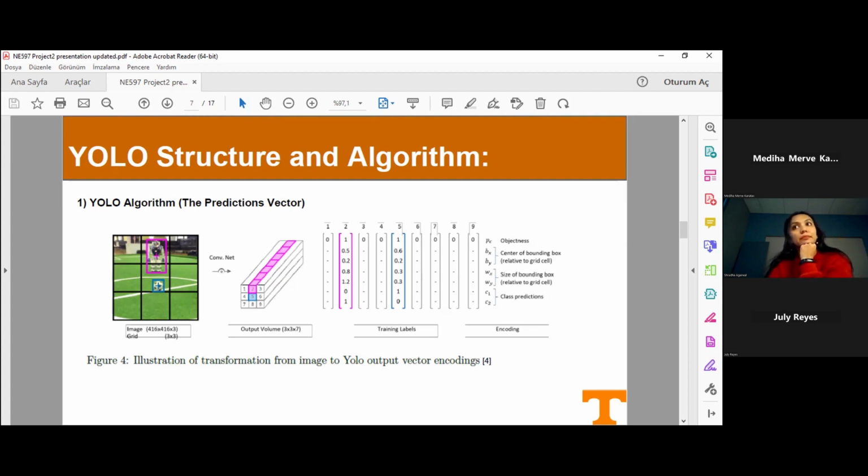But YOLO V1 cannot detect small objects, so YOLO V2 was developed, and it's a 13 by 13 grid. In this way it can detect smaller objects. That's correct. So in YOLO V1 you do 7 by 7, and in YOLO V2 you do 13 by 13. Good. Now you divide the image into these many grids.